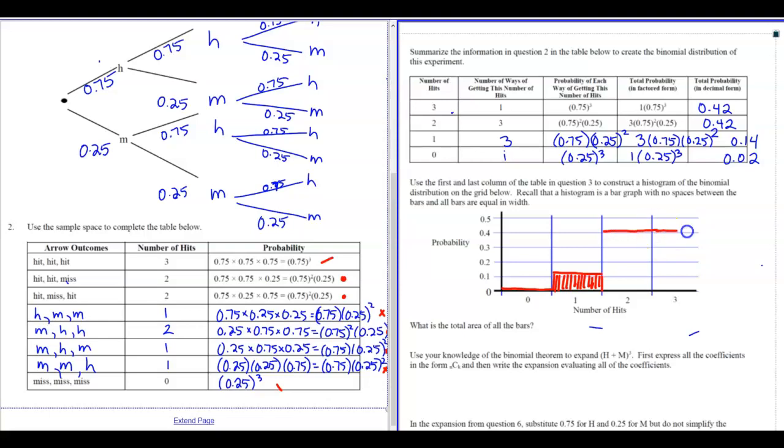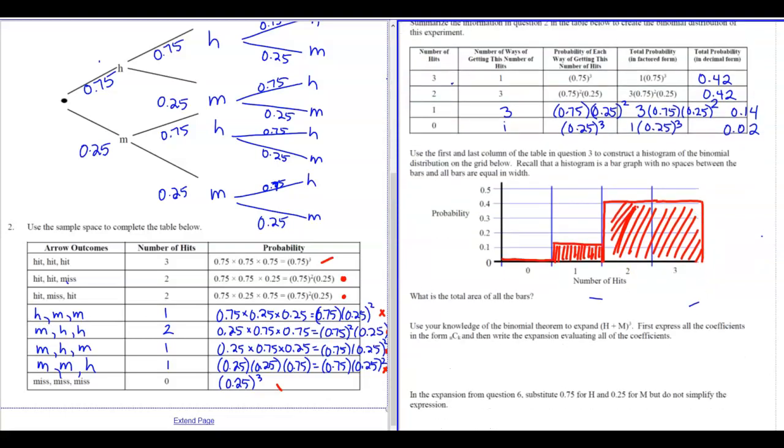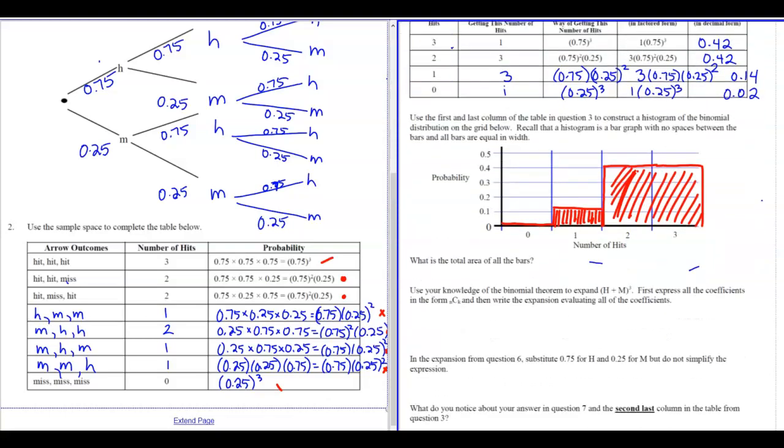And goes all the way across, actually. So, total area of the bars, so they're each 1 in width, so the total area will be 1. We already added these up, right?